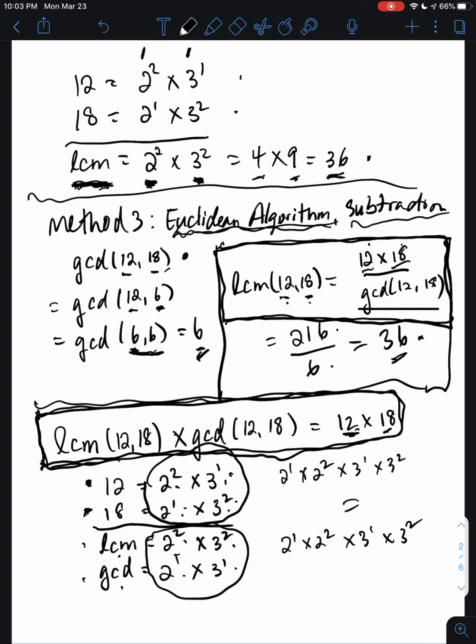Notice that the LCM is the max of the numbers in the first and the second columns, and the GCD is the minimum of the numbers in the first and the second columns. So here what I've got is 2 to the power 2 times 2 to the power 1 times 3 to the power 1 times 3 to the power 2. That's if I multiply the top two rows of this array here.